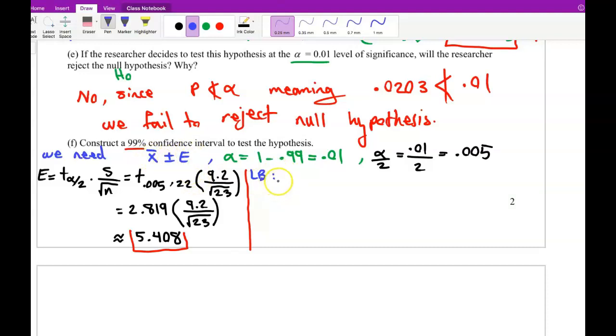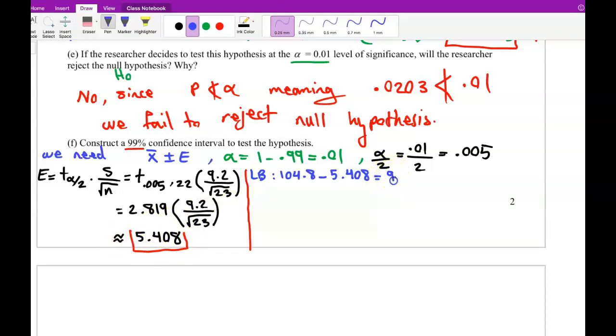So x bar is 104.8 minus 5.408. I usually should use is not exactly equal to because I rounded that number, but that's fine.